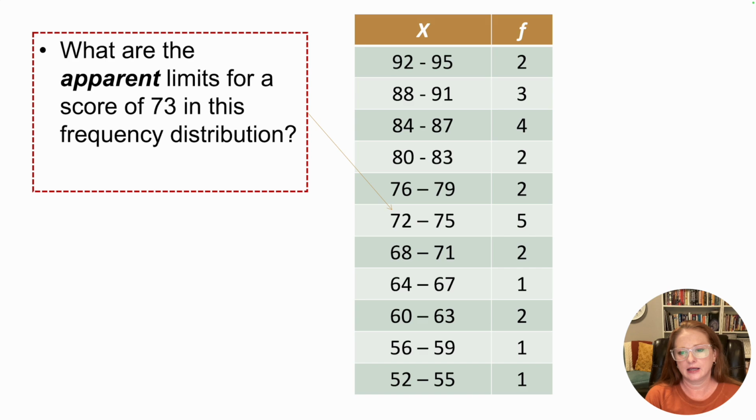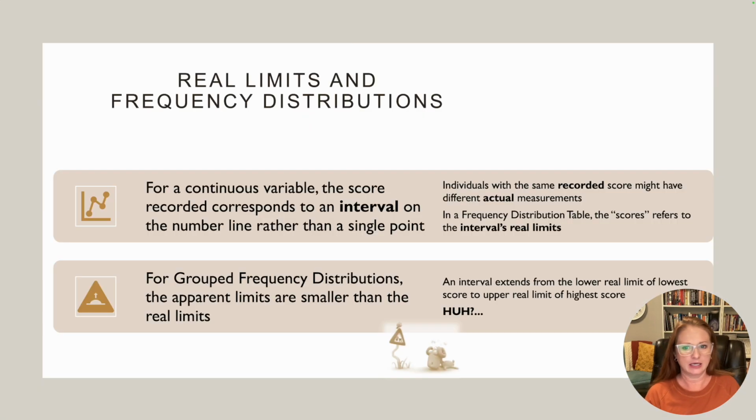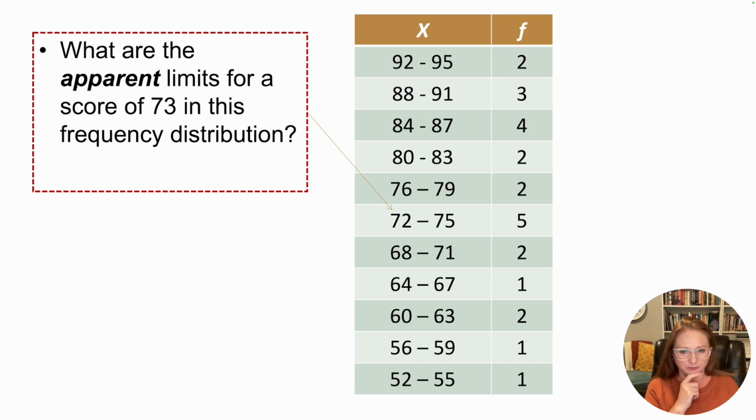So when I say there are 5 kiddos in that group, I'm going to go back one slide. In the top right-hand corner it says individuals with the same recorded score might have different actual measurements. That's what we're talking about here.